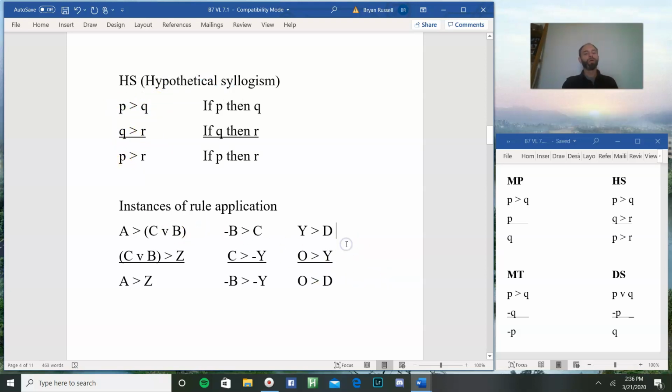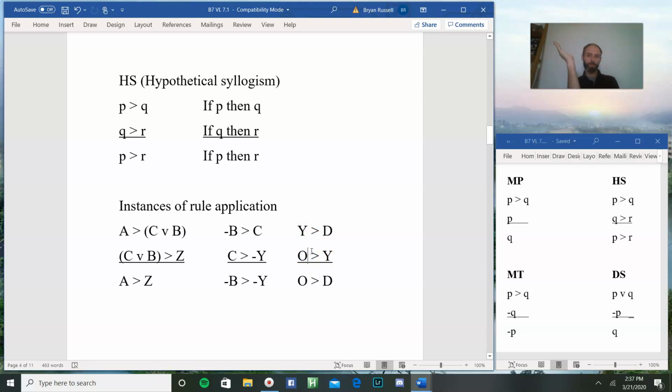So look at this one. Here we have if Y then D, and on the second line we have if O then Y. So note the parts that are the same here. Here we have a consequent, Y, the same as the antecedent, Y. So our rule tells us we can cut those out.